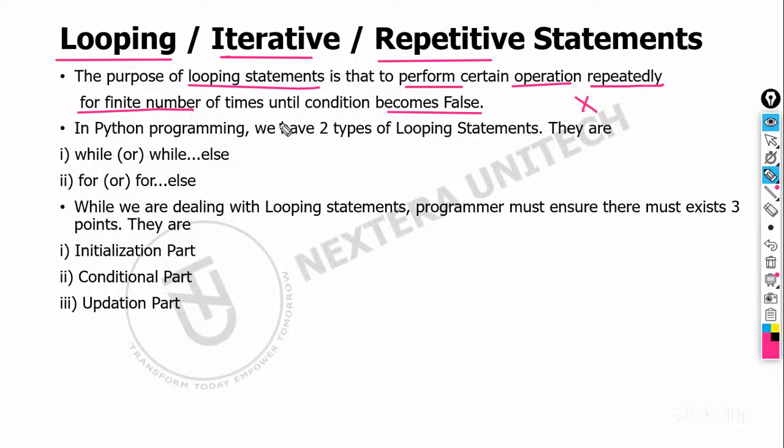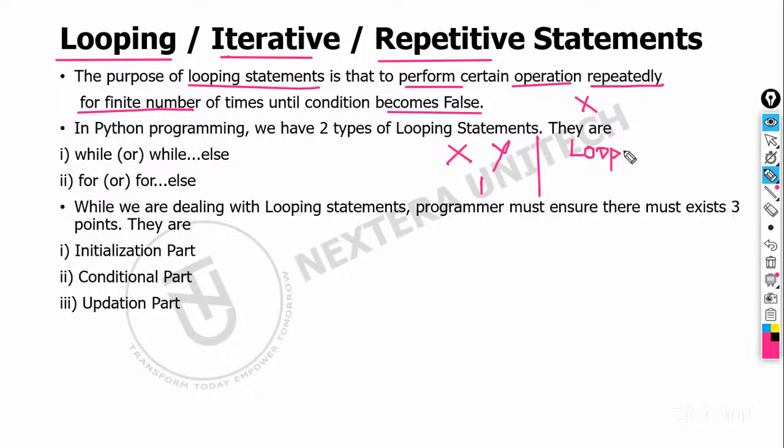When the condition is holding true, it performs operation X. If the condition is false, it performs operation Y. But for how many times? Only for once. So that makes the difference between a conditional statement and a looping statement. Hope it's clear.